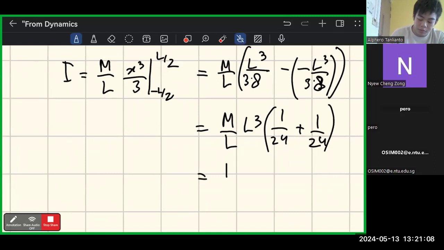So it's mL squared over 12, the final moment of inertia.